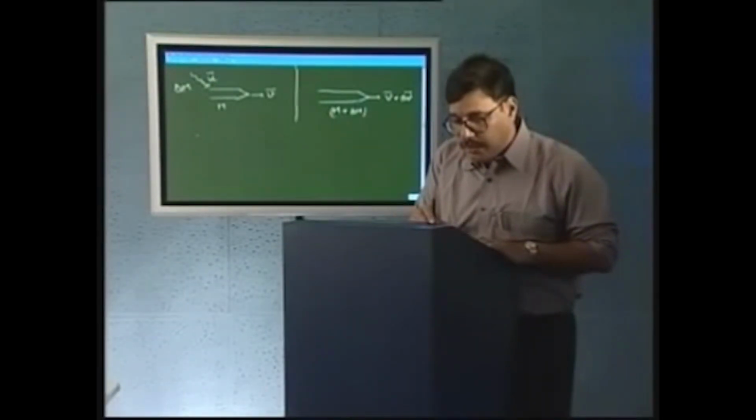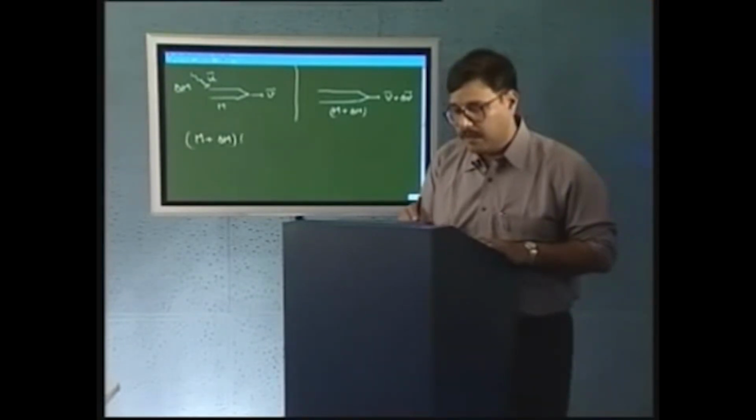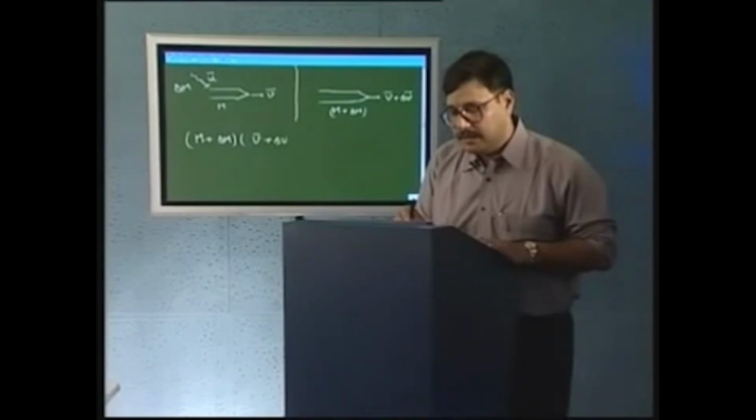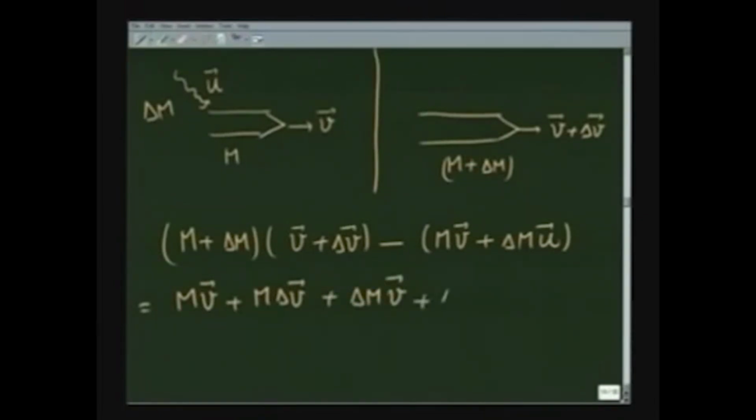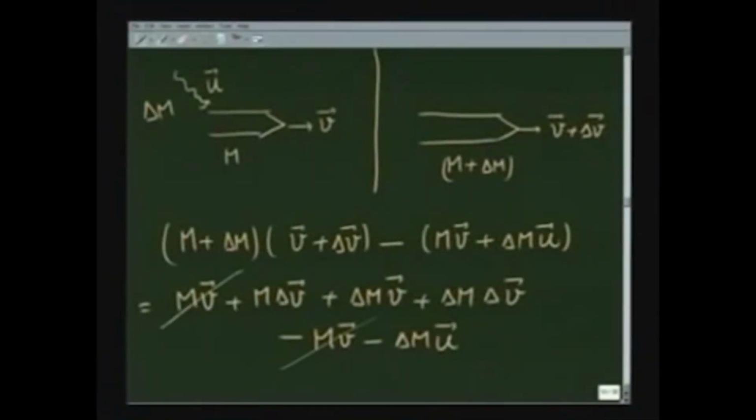So, the net change in momentum is the final momentum, which is (m plus delta m)(v plus delta v), minus (m v plus delta m u), which is m v plus m delta v plus delta m v plus delta m delta v minus m v minus delta m u. The m v cancels.